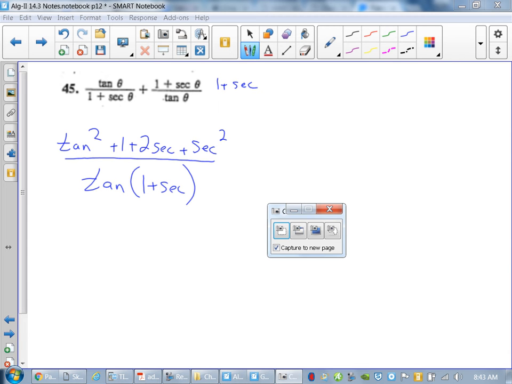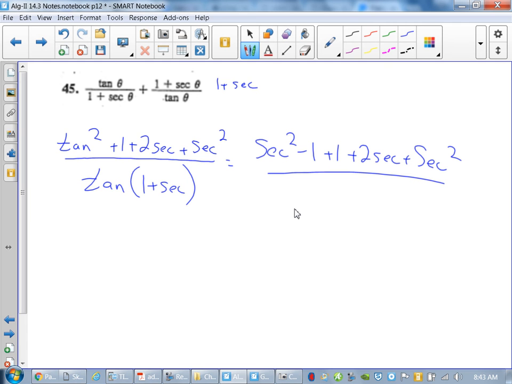Numerator, then I can simplify that by rewriting tangent squared in terms of secant squared minus 1. And that's your best bet. So I have a secant squared minus 1 plus 1 plus 2 secant plus secant squared. And then that just comes along.